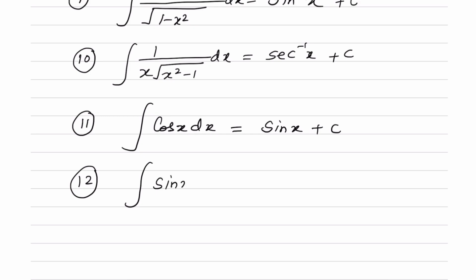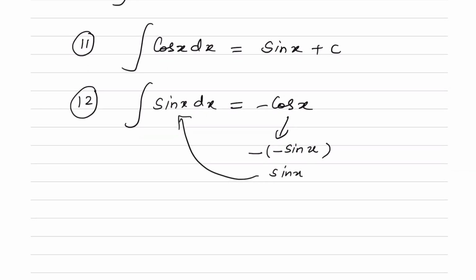Integration of sin x dx will be minus cos x, because when you take the derivative of minus cos x, minus as it is, cos x derivative is minus sin x, which becomes sin x, which should have been here. So we have integration of sin x dx is equal to minus cos x plus some constant.